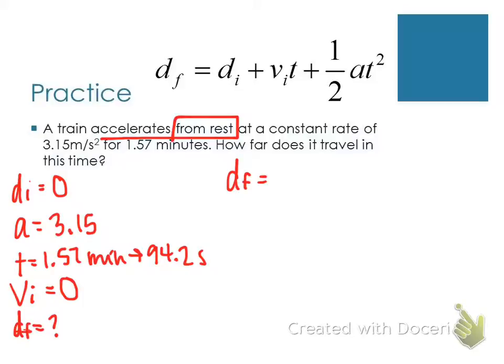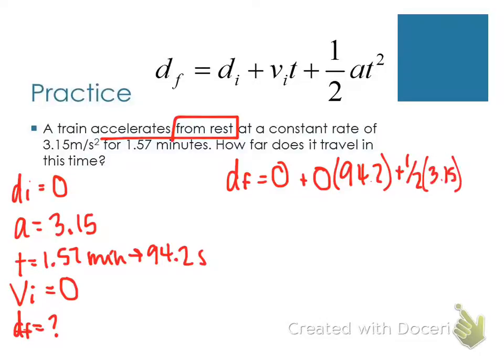Okay, so D sub F equals 0 plus 0 times time plus 1/2, 3.15, 94.2 squared. Okay, remember, just the time is being squared here, so 94.2 should be squared.